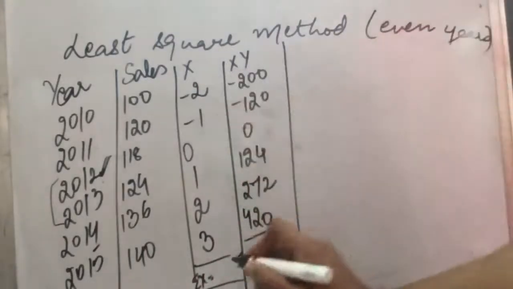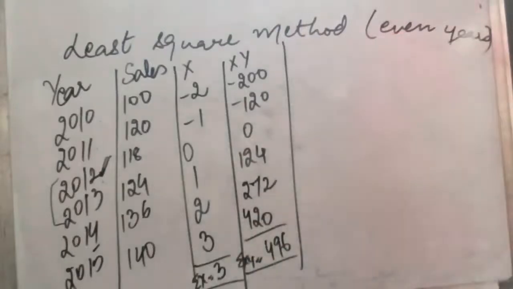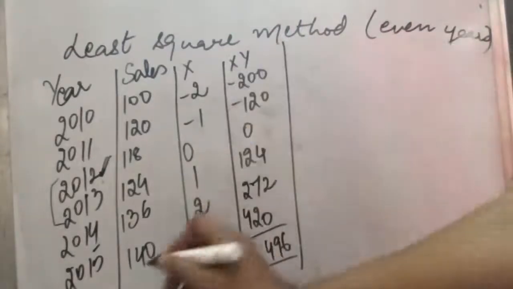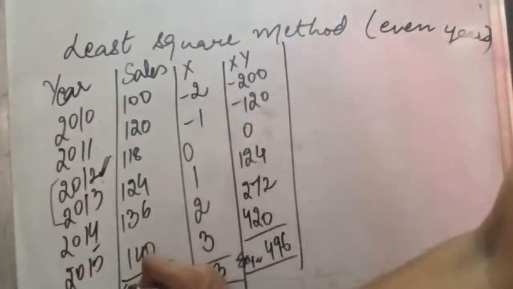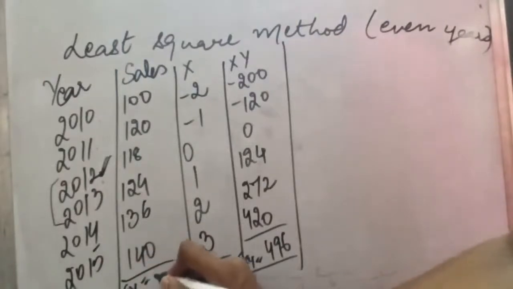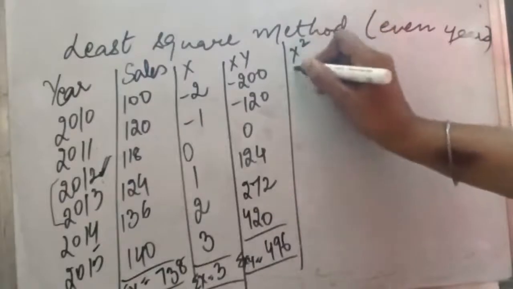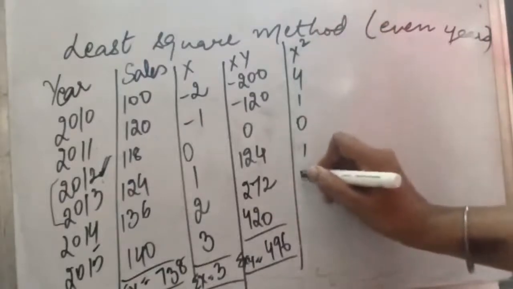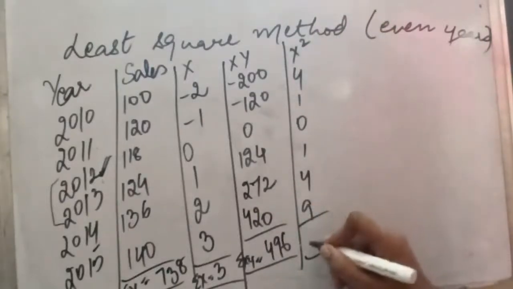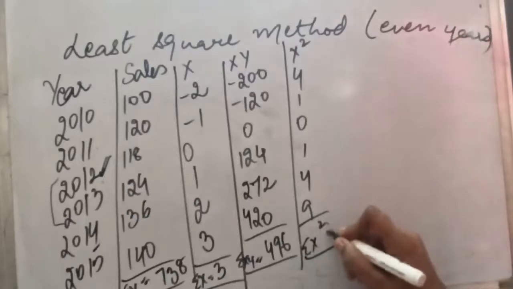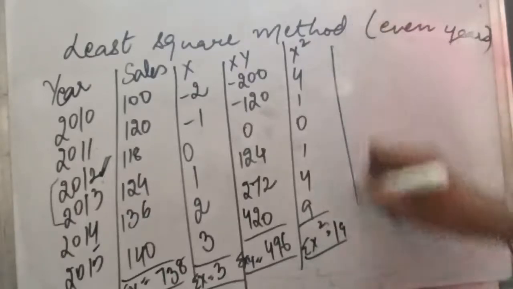So here our sigma x is coming out to be 3. If I take sigma y also, my sigma y will be 738. Let us square x, so sigma x square will be 90.